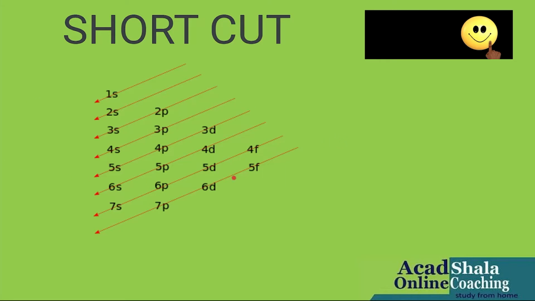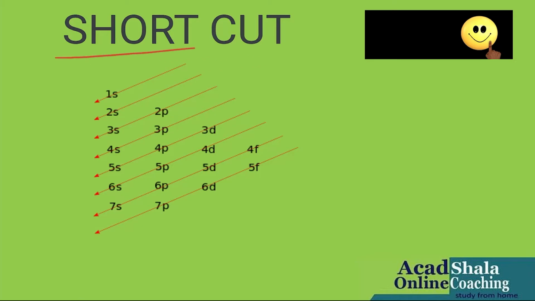So, after understanding everything, there is a shortcut to fill up the orbitals, that means the electronic configuration of any element. If your teacher asks, you are able to do it with this shortcut. But to come to this shortcut method in the end, you need to understand whatever I have taught you from the beginning till the end. Clear, children?